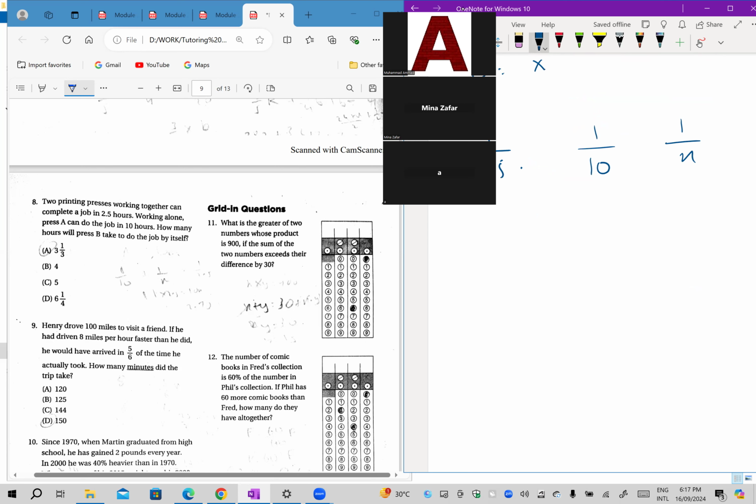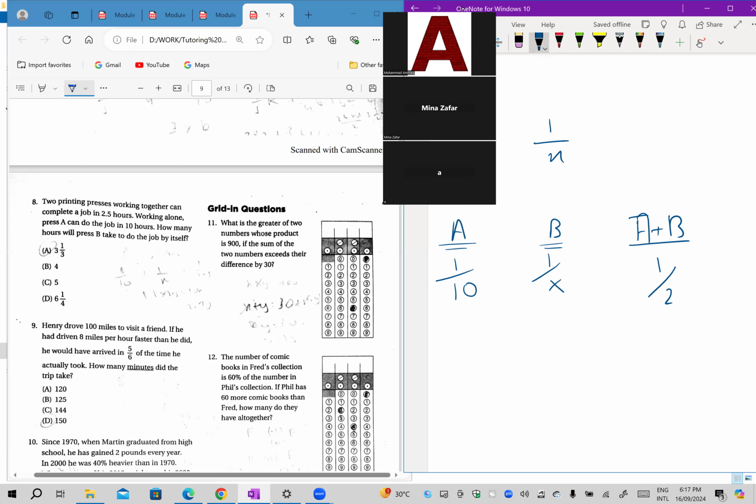For example, if a job gets done in 1 hour, press A alone will take 1 by 10 hours, press B alone will take 1 over x hours, and together, A plus B, they will take 1 over 2.5 hours.